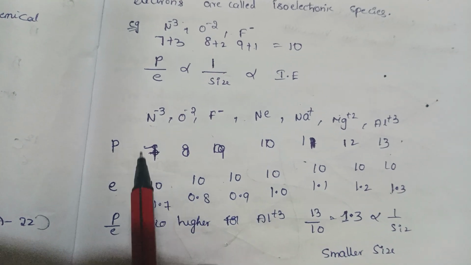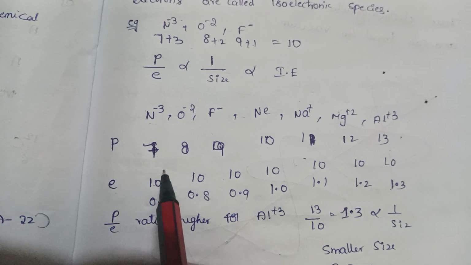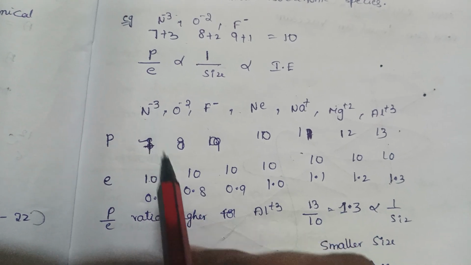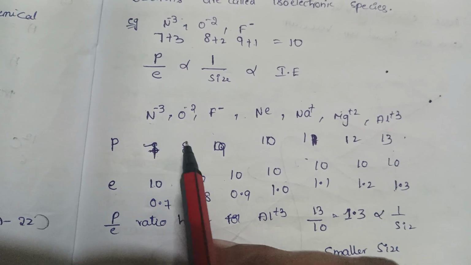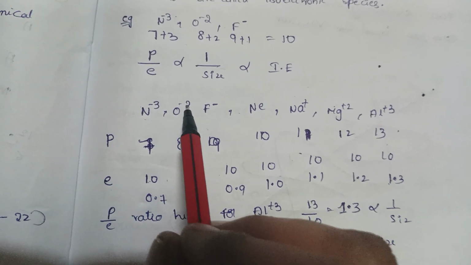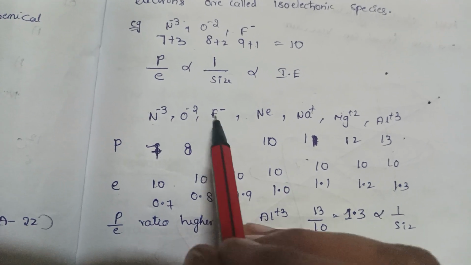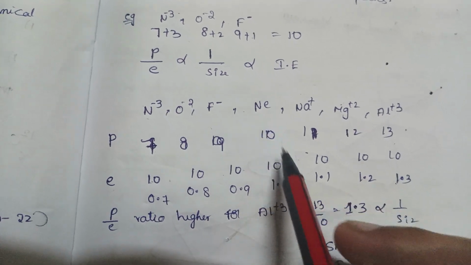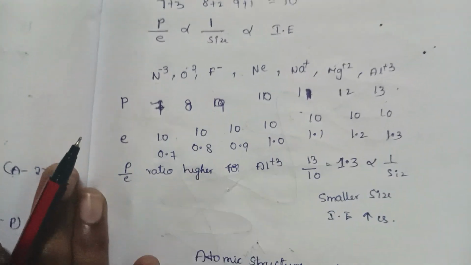Electron ratio. Here 7 plus 3, 10. 8 plus 2, here for negative charge we have to add, so 10 electrons, 10 electrons, 10 electrons, 10 electrons.